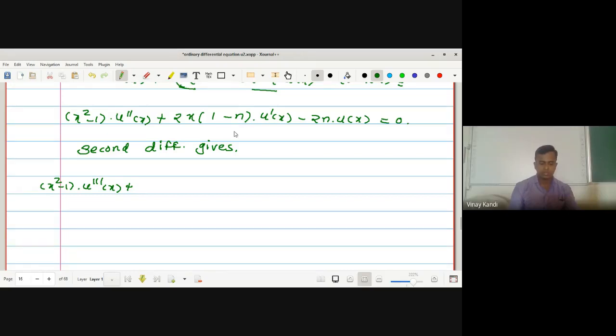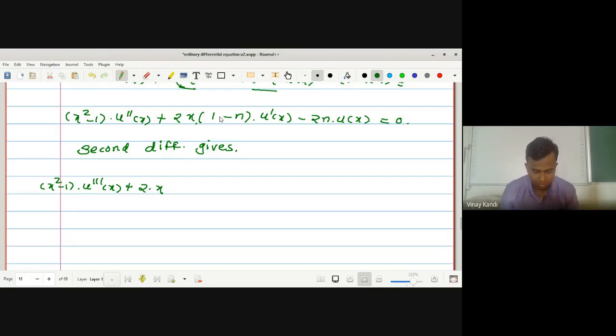Okay, look at here, 2 into, okay, wait a minute, first term तुम्ही हे assume करा x, and second term 2 into (1 minus n) into u dash of x. Okay, now 2 into first term as it is, this is u double dash of x. Same as it is.